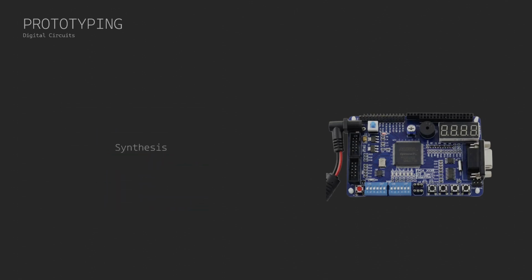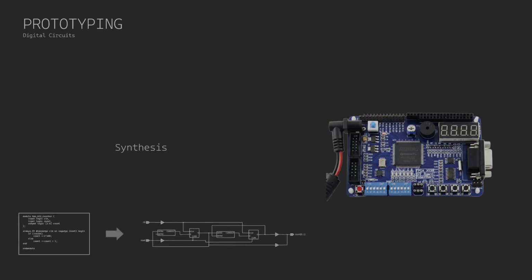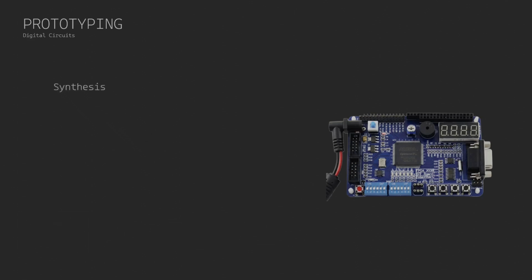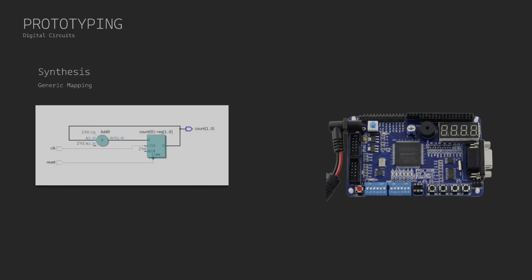This will invoke the synthesis process, which converts our HDL code to a digital logic circuit using FPGA resources. In the synthesis, first it will create a digital logic circuit using HDL, and it is called the generic mapping process, or even called elaboration. Here it will use basic gates and flops generically.